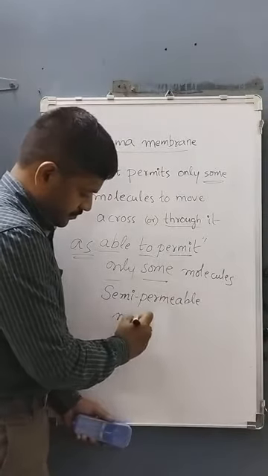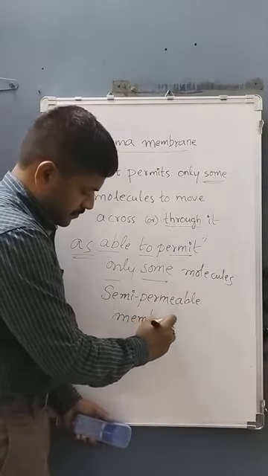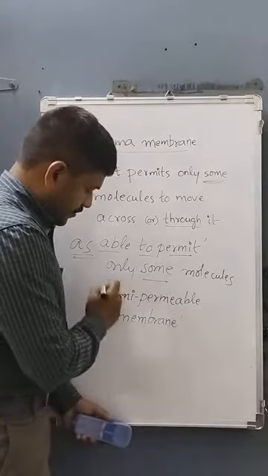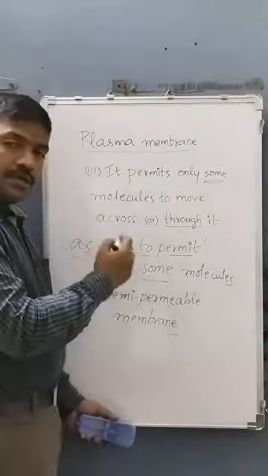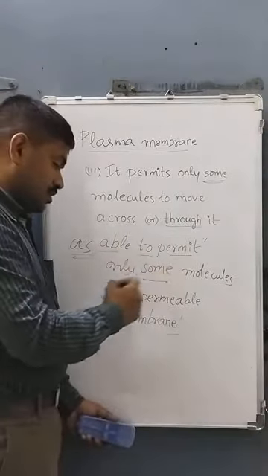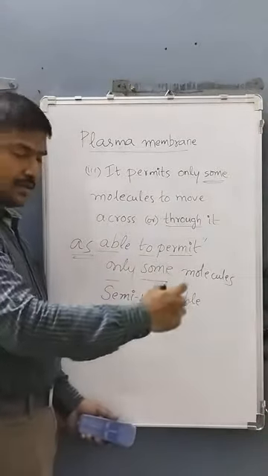Why is the plasma membrane called a semi-permeable membrane? Because it is able to permit only some molecules to move across it.